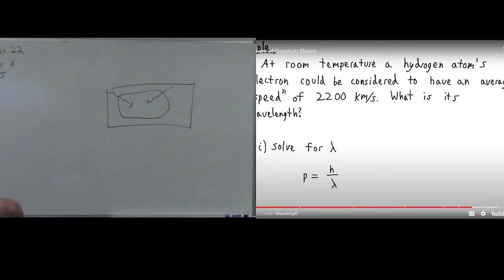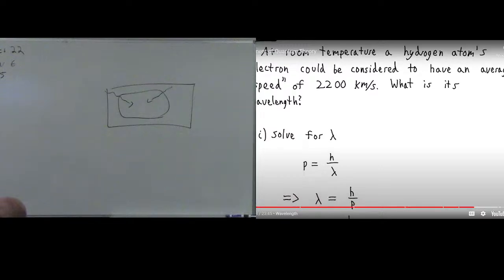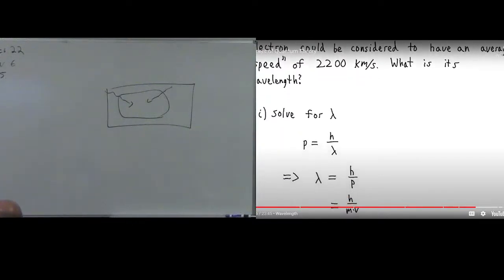We can use the de Broglie equation, which relates the wavelength to the momentum. So we can solve the de Broglie equation for lambda. Lambda is going to be equal to Planck's constant divided by the momentum. And remember, momentum is mass times velocity, which in this case is easier for us to figure out.